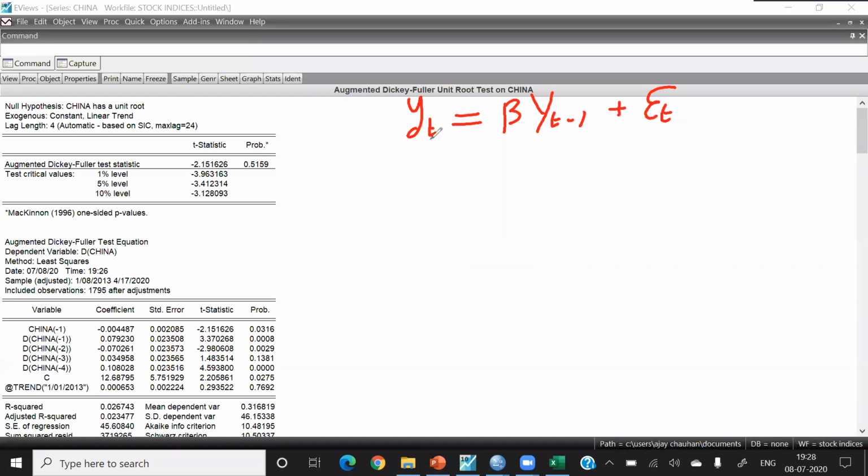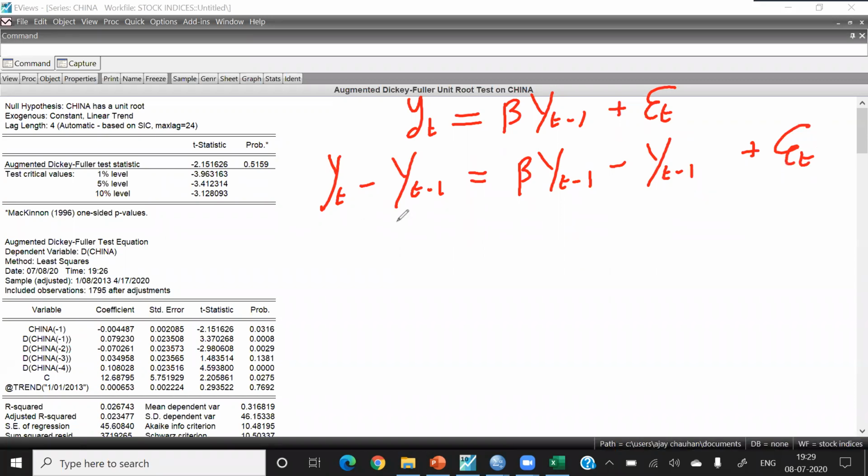So now I am making one small change here. I am subtracting yt minus 1 from both sides of this equation.